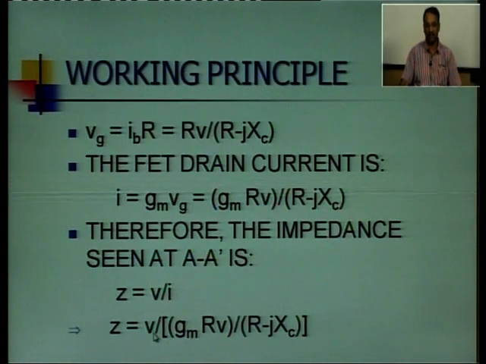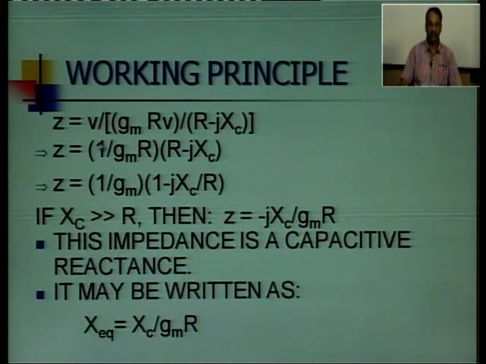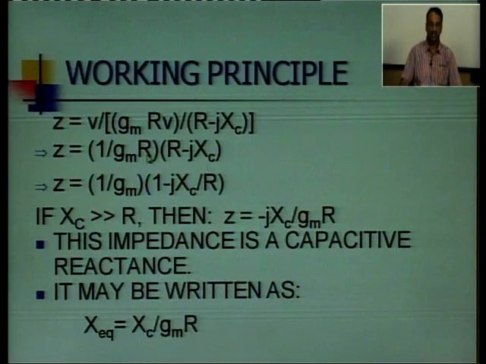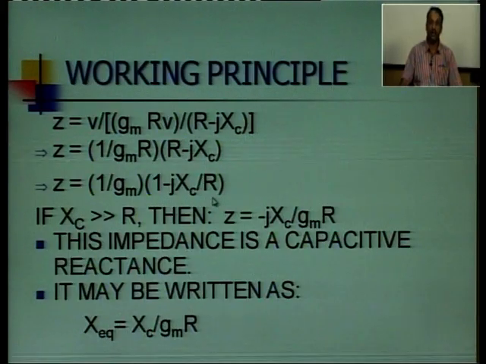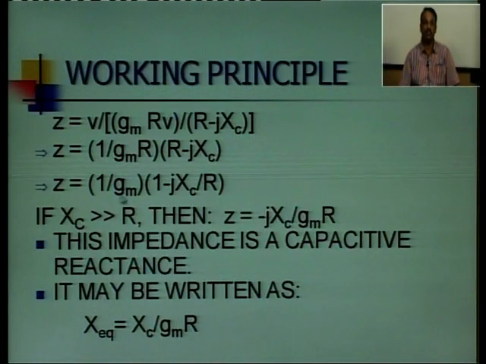V and V cancel, so we get 1 upon Gm into R minus J XC. So 1 upon Gm, dividing R minus J XC by R, we get 1 upon Gm into 1 minus J XC upon R. Again the value of Z is equal to 1 upon Gm, where Gm is the transconductance of the FET, into 1 minus J XC upon R.